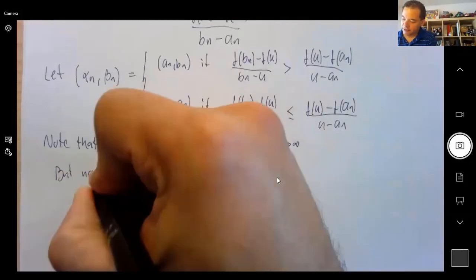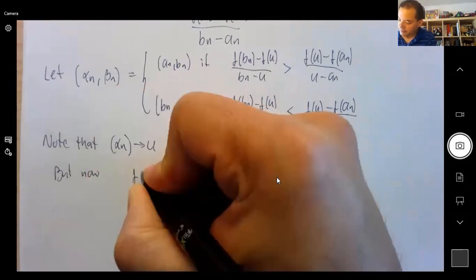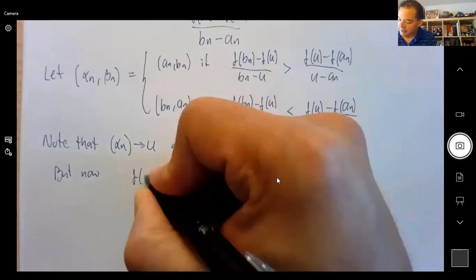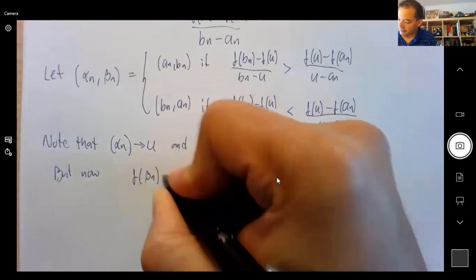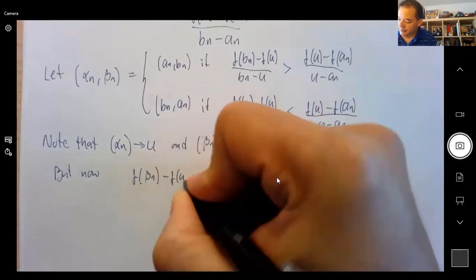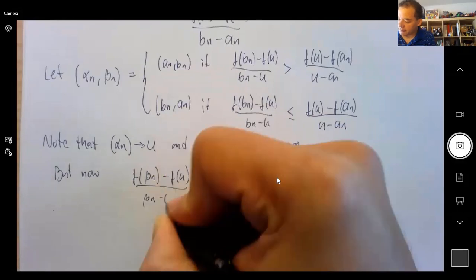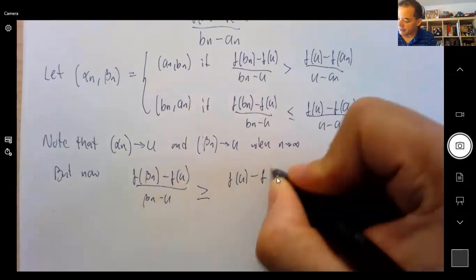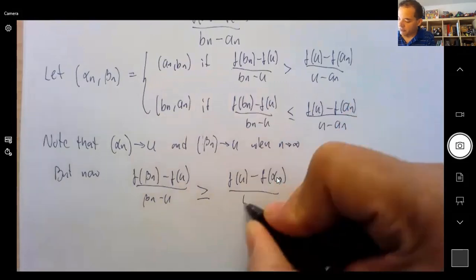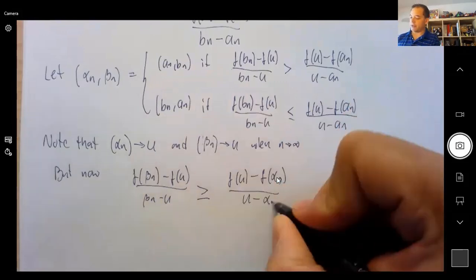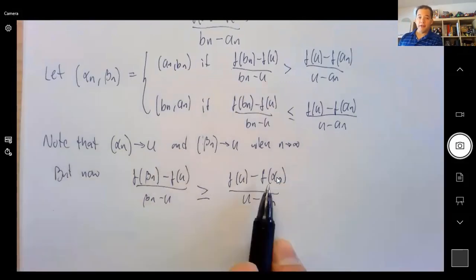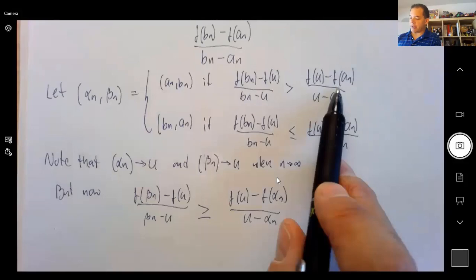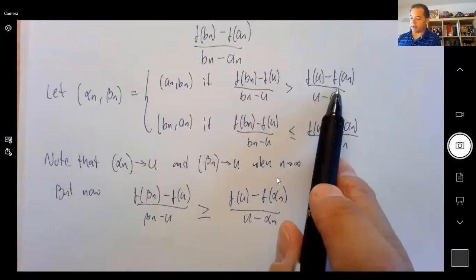Now f of beta n minus f of u over beta n minus u is always greater than or equal to f of u minus f of alpha n over u minus alpha n. Now this one always beats that one. Why? Well, because if I didn't change them, it was happening already. Perfect, that's what I wanted.